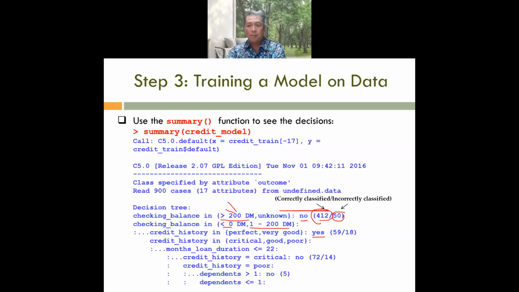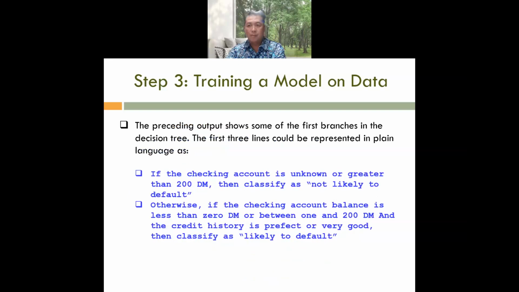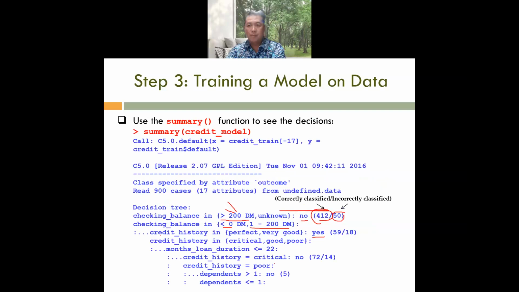Otherwise, if the checking balance is less than zero or between 1 and 200 Dutch money, and the credit history is perfect or very good, then classify as likely to default, so likely to not pay the loan in this decision tree. The good thing about a decision tree is that you can learn what conditions are set by the model to decide whether they belong to the positive or negative class.